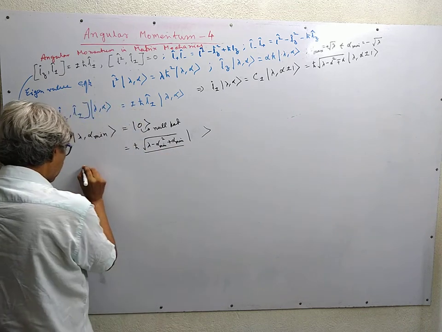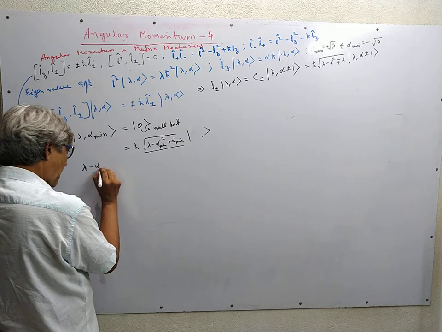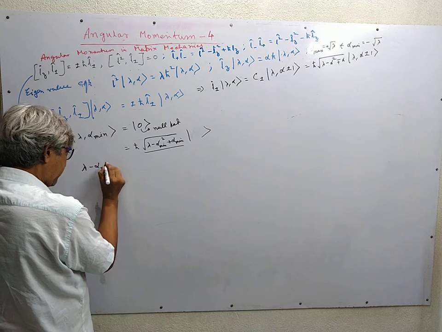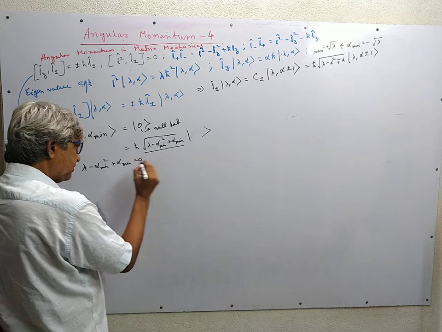So we see that lambda minus alpha min square plus alpha min is equal to 0.